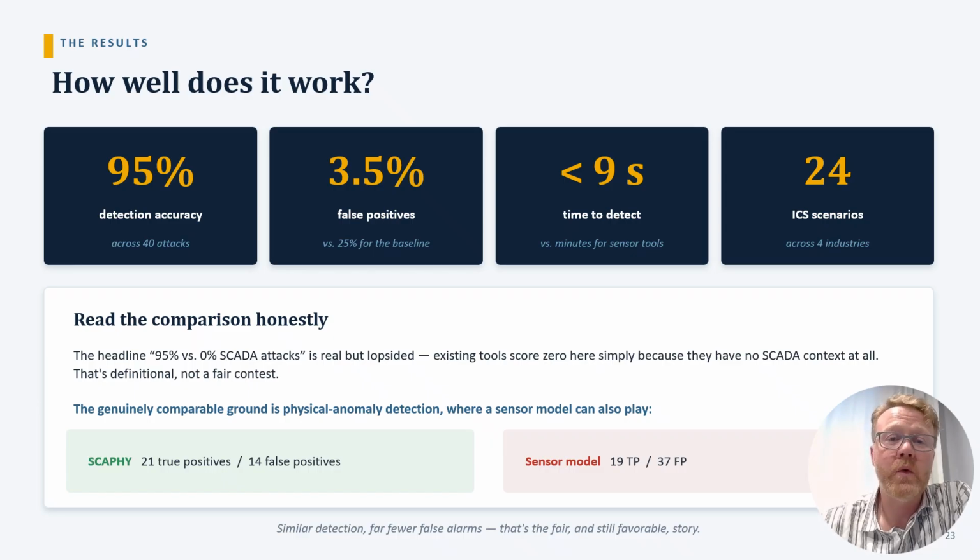So SCAPHY gets 21 true positives with 14 false positives versus the sensor models with 19 and 37. There is a comparable catch rate, 21 to 19, between SCAPHY and the sensor model, but the real improvement is having less than half of the false alarms. That's the honest win, and it's still a good one for this research.